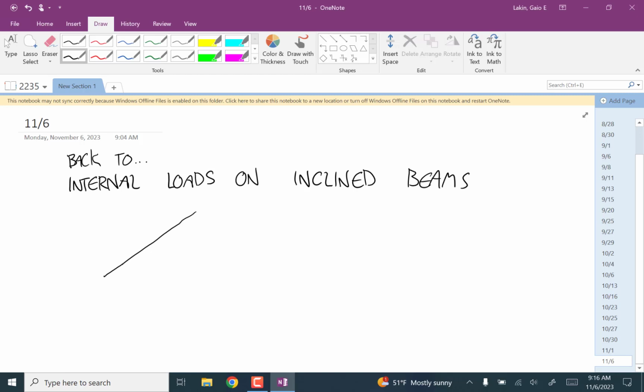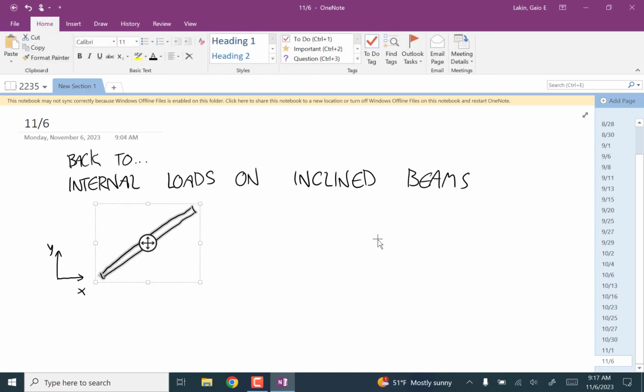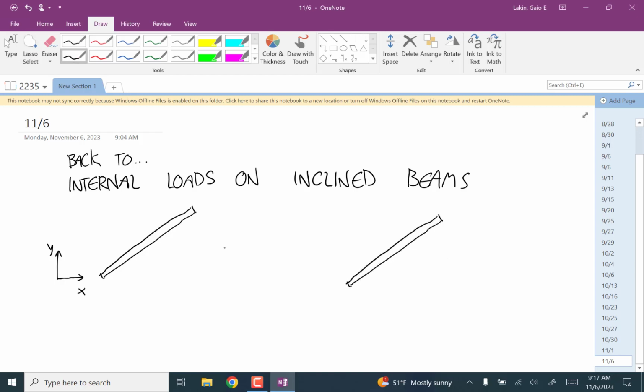And really what you're doing is, if you have a beam in a structure like that, and you're doing your calculations with a coordinate system like this, the coordinate system transformation you're doing is really just to make the x-axis line up along the long axis of the beam.